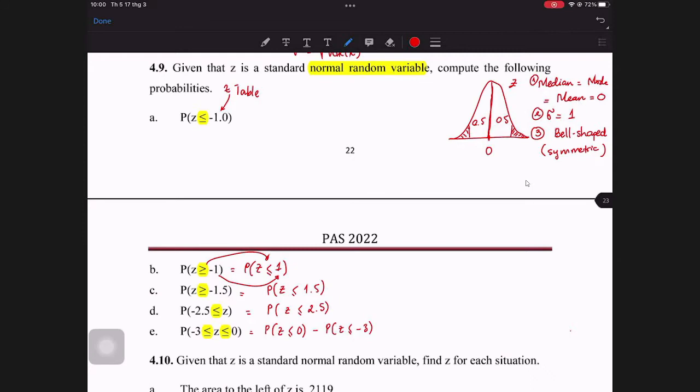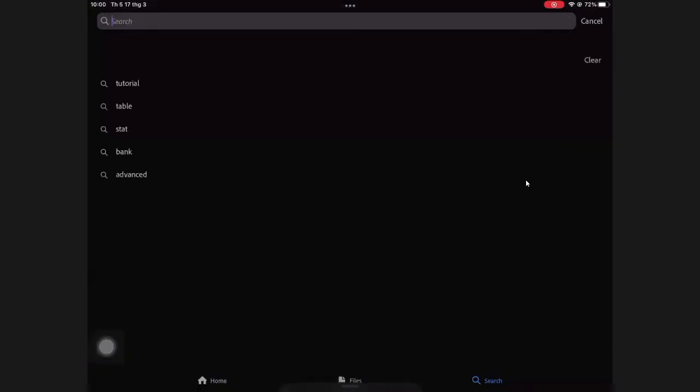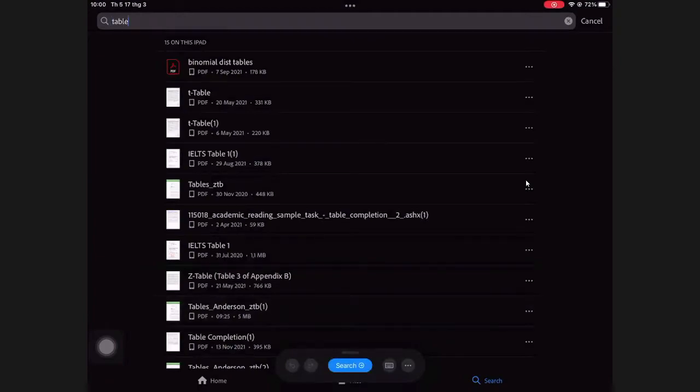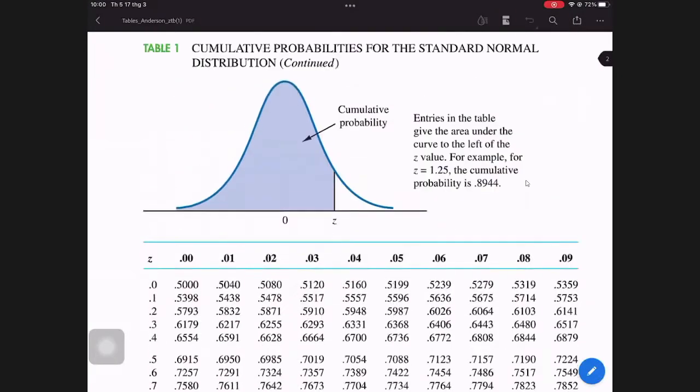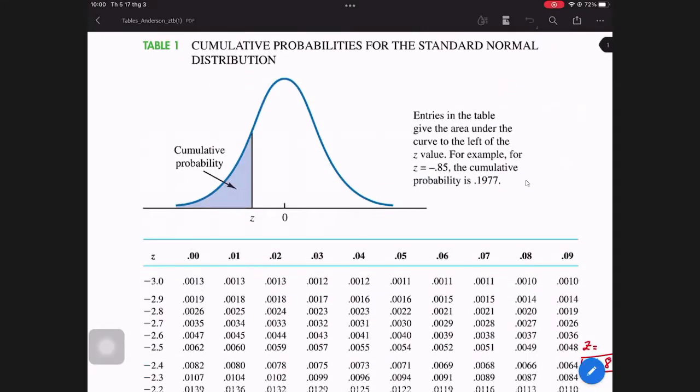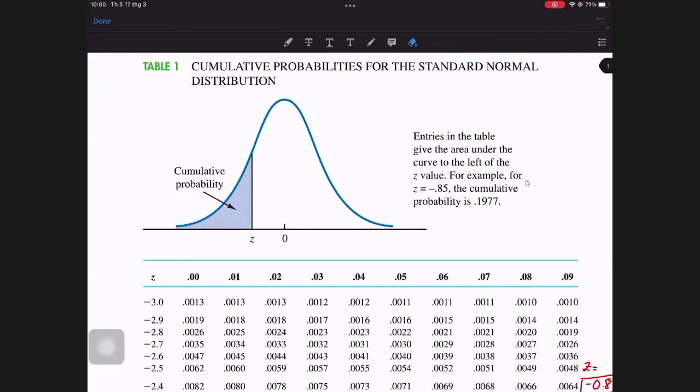Now, the reason why we have to find the probability like this is because if you look at the table here for the Z distribution, you will see that the Z table here will give you the area to the left of Z. So it means that here it gives you the area here.